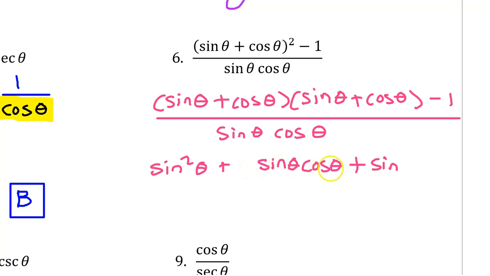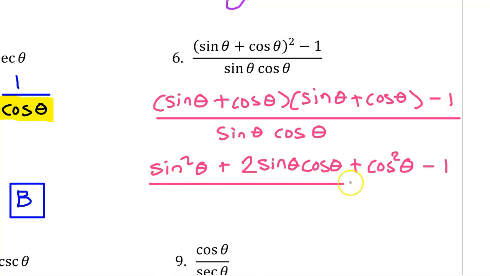So that's why I left the extra space, so I could put the 2 here. Now we multiply cosine theta times cosine theta, and we get plus cosine squared theta. And this is minus 1 on the end, all over sine theta cosine theta.